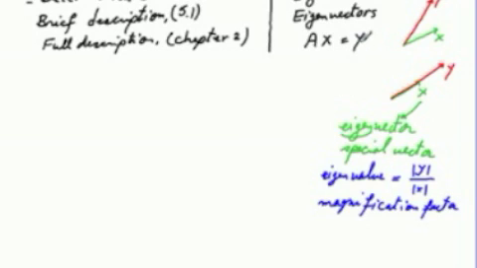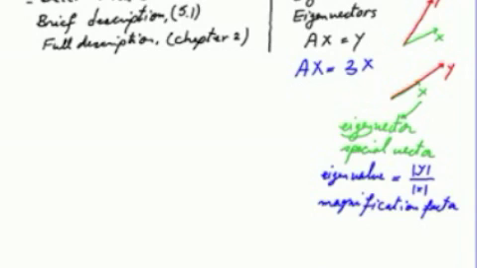So if y is a certain extension of x, when you take your matrix multiplied by x, out comes something that's perhaps, say, twice as big as x, or 3 times as big as x, or some other number times x.